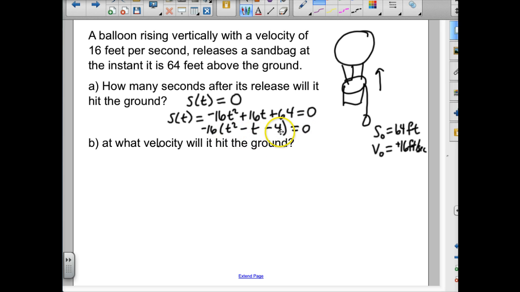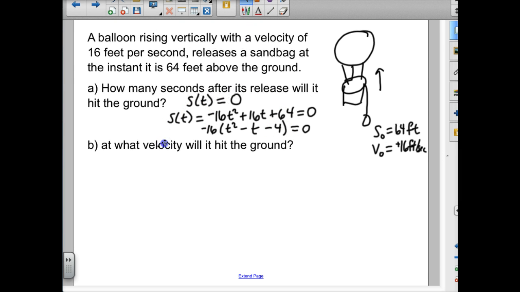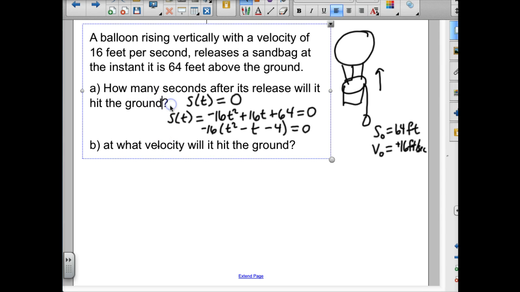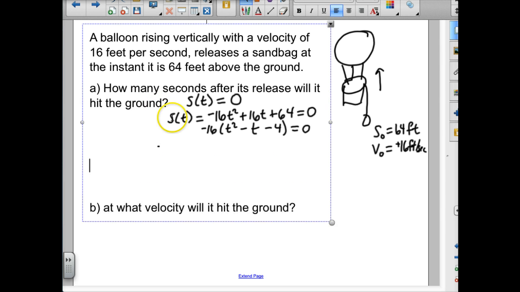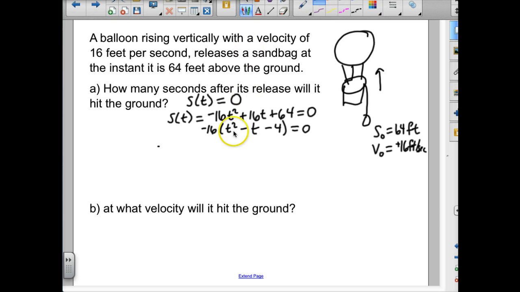And then that doesn't factor, so we'd have to use the quadratic formula. Okay, so x equals negative b plus or minus the square root of b squared minus 4ac.